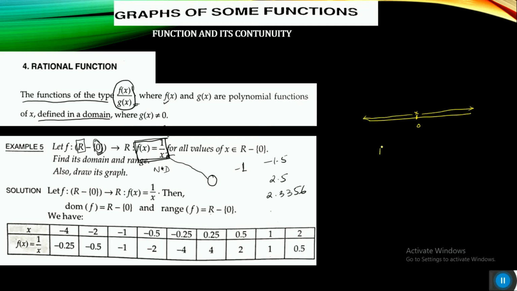Clear? So if you are doing R minus 0, that means you are removing this point. Other than this point, everything is there. 0.1 is there, 0.01 is there, 0.001 is there.